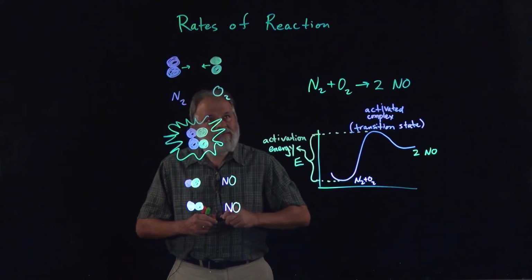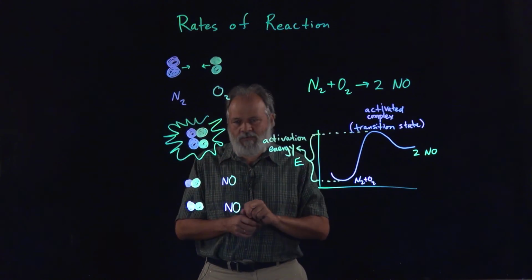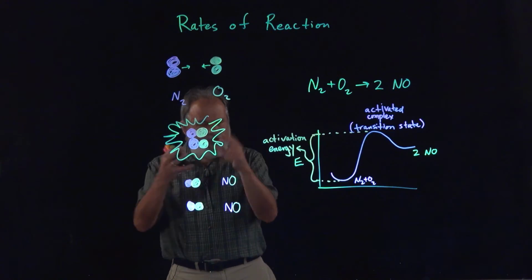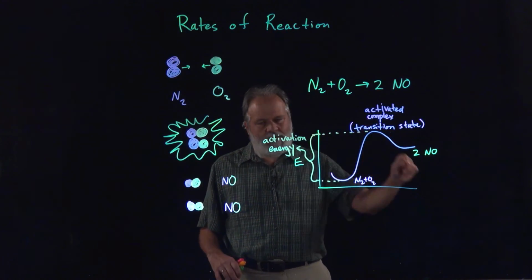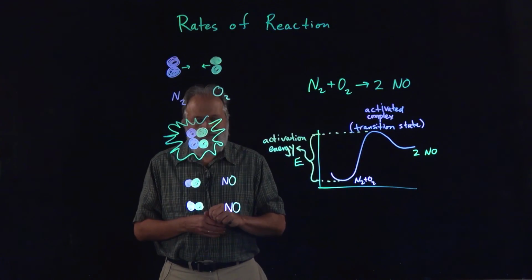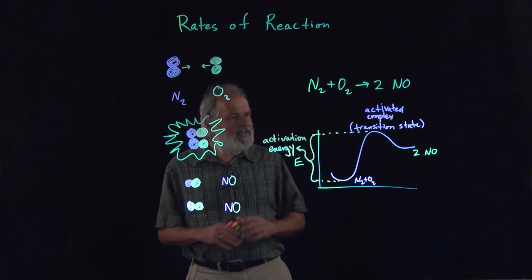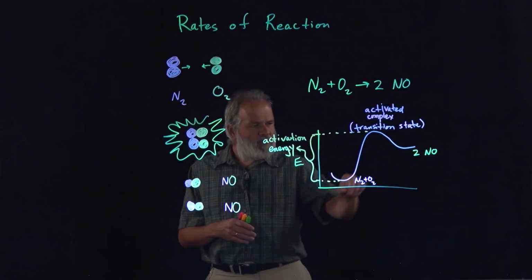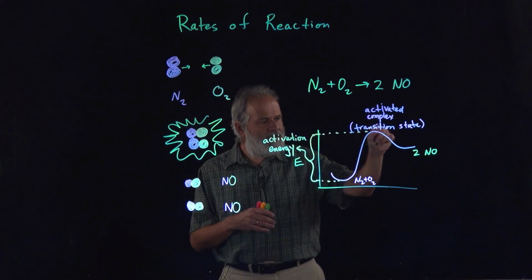All right, and so that's it for rates of reaction. The rate of reaction depends on the number of collisions and also the energy of the collision. The energy has to be enough to get over this energy requirement in order to break the bonds. And then when you remake them, you get energy back. But the most important part is if you can't get to here, you can't get to here.